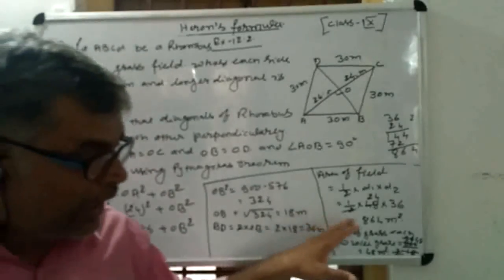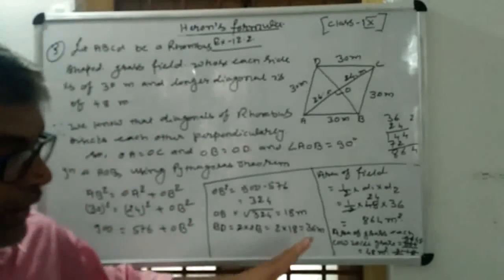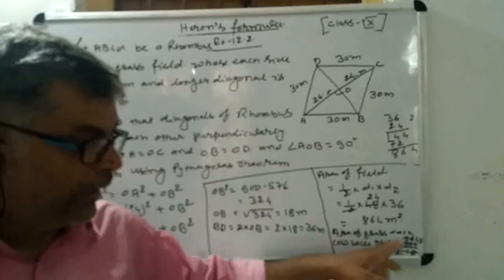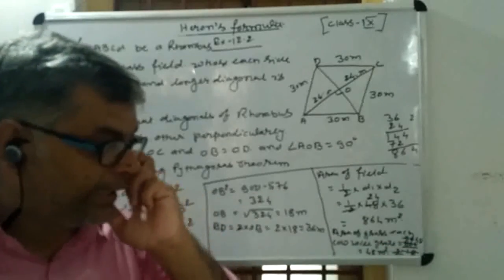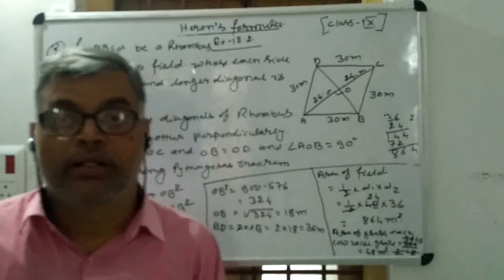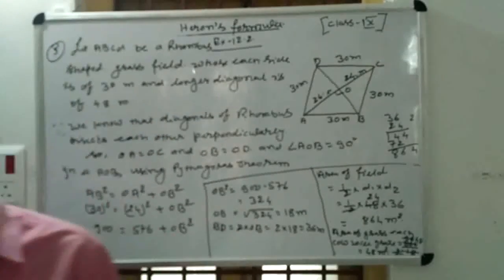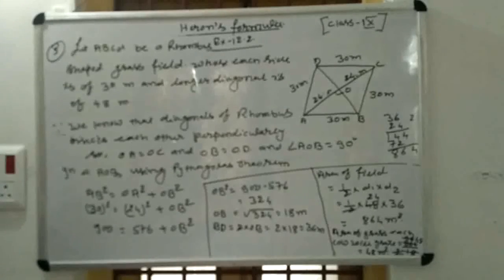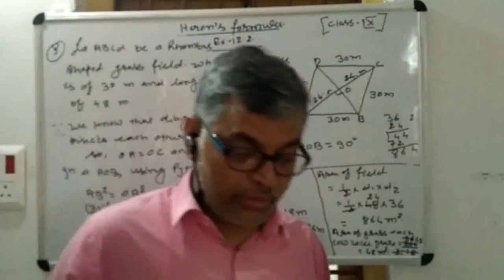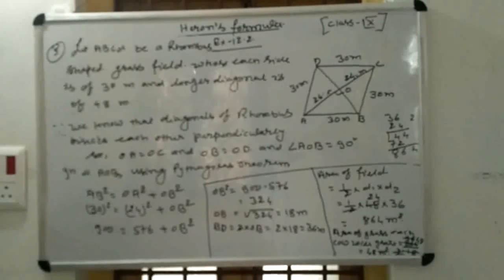This area has to be grazed by 18 cows, so area of grass each cow will get equals 864 by 18. On cancelling, we get 48 meter square, which is your required answer. It means each cow will graze 48 meter square of the field. So students, I think this is for today. Practice these types of questions.